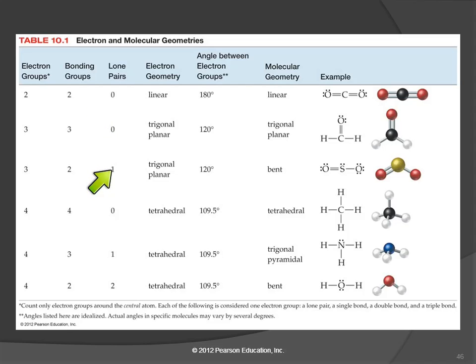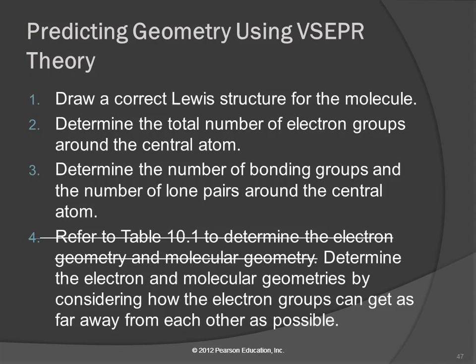Here, if you have 1 lone pair, you still have this trigonal planar electron geometry, but then the actual shape is bent because there's an invisible lone pair there. And then with the tetrahedral electron geometries, here we've got no lone pairs, there's 1 lone pair, and there's 2 lone pairs. Okay? That's kind of how the table works.